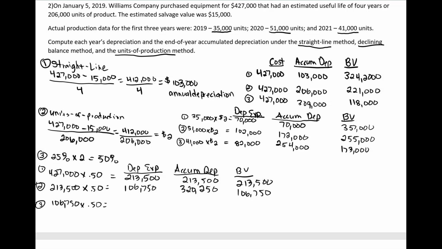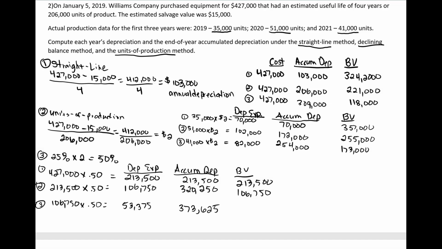And the third year depreciation is 53,375. To get what's in accumulated depreciation, you'll take the 320,250 and then add the 53,375 to get a grand total of 373,625.